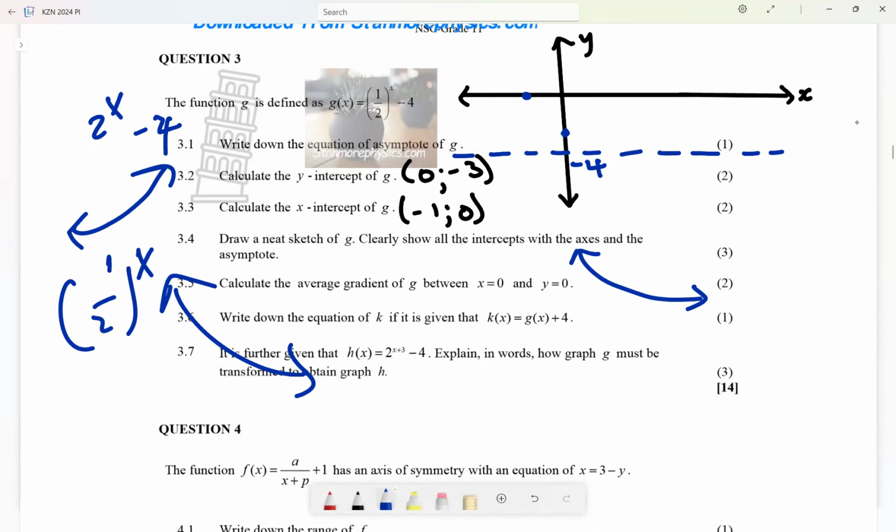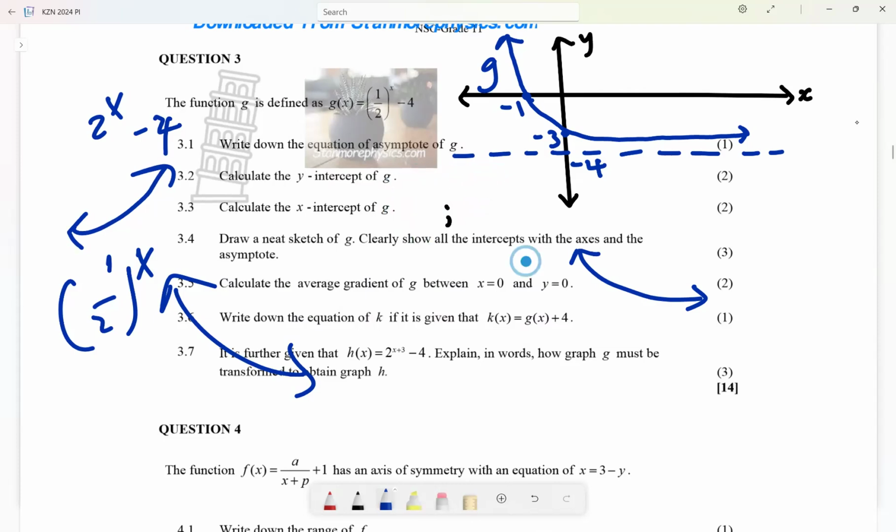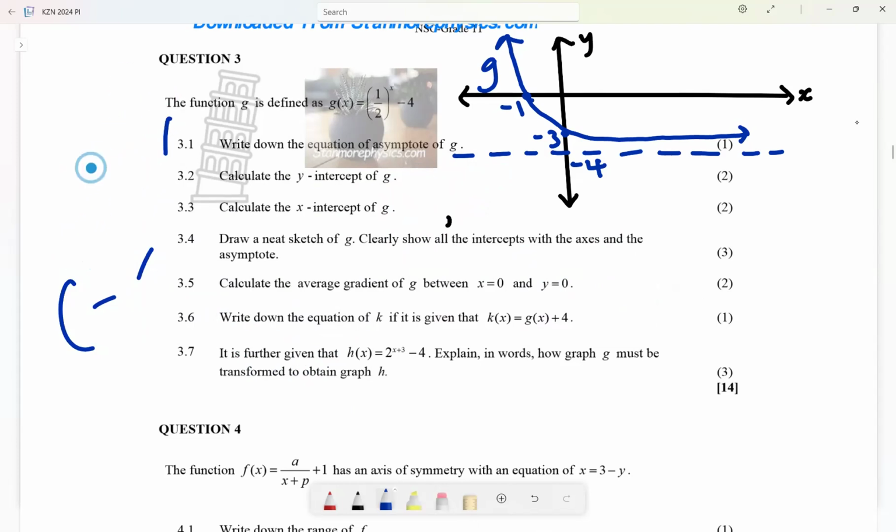So I have to join those points. Something like that. Here my x is negative 1, my y is negative 3. You just need to label those. And this is the graph of g. Then you are done. I won't remove the graph, because maybe you might need that.